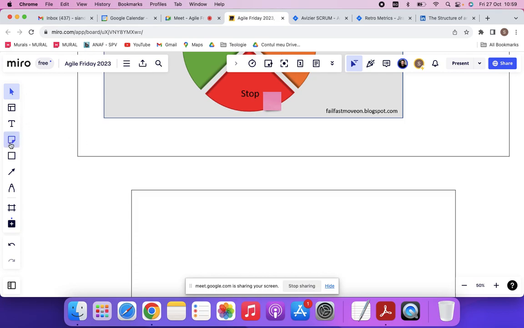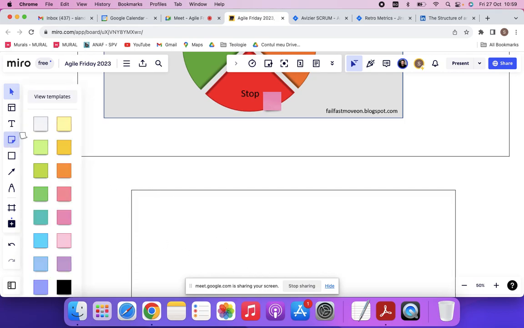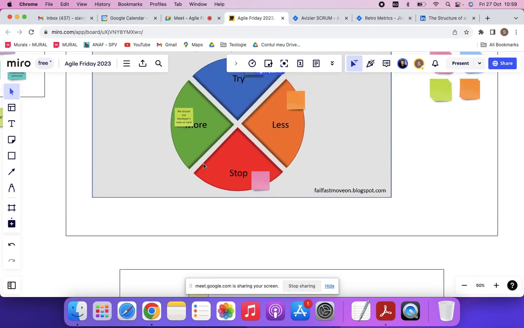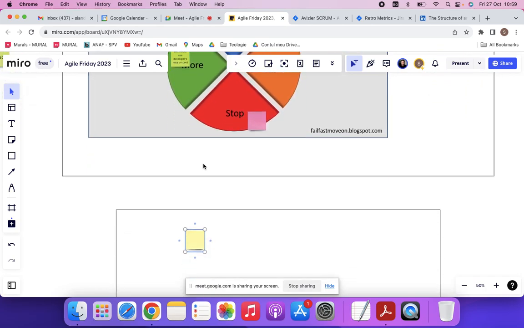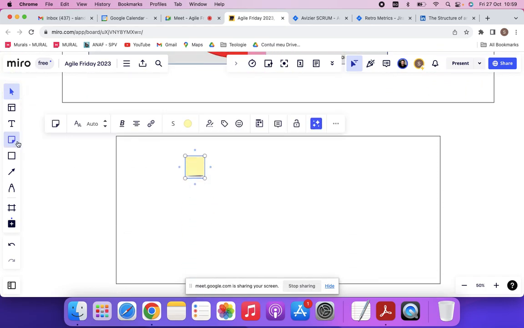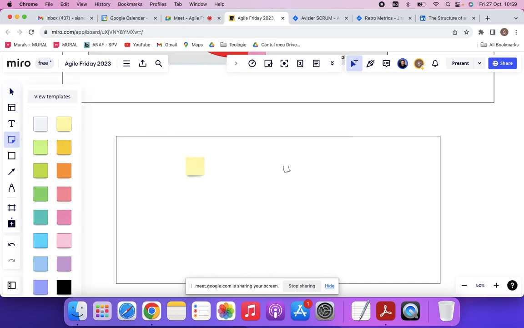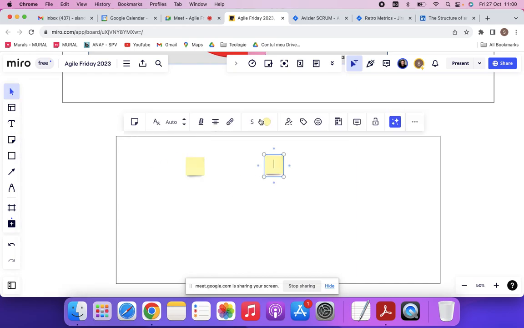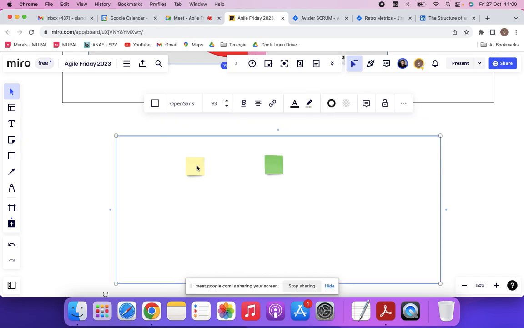Are you seeing what I'm writing? Yes, I can see, but I'm not with the screen on that part. For the moment, I'm writing for my team.